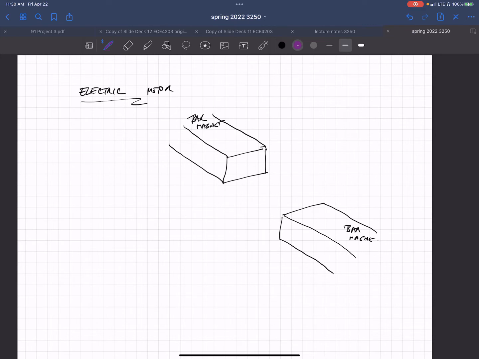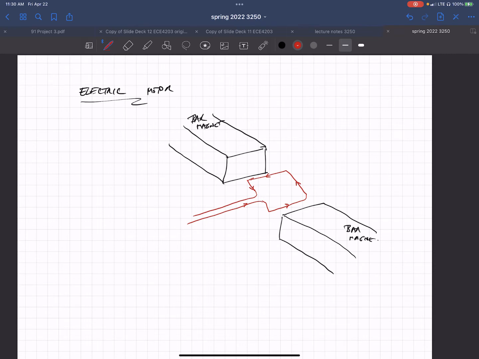And let's say I had a wire loop, and I'm going to try to draw this in between, something like that. And let's say these wires come out. So basically I have current running through this, and this is sitting in between these two bar magnets.